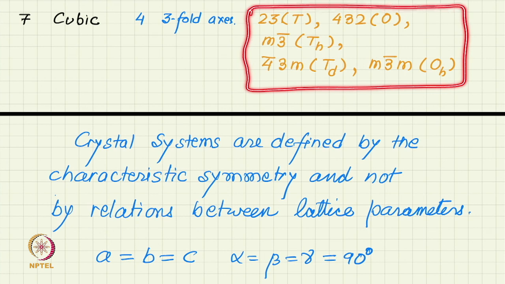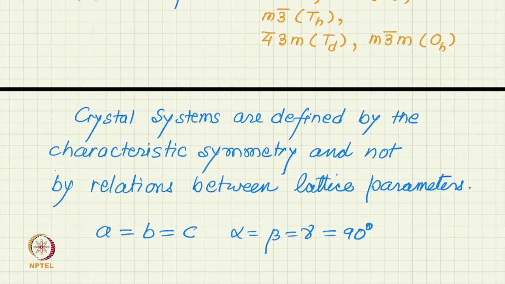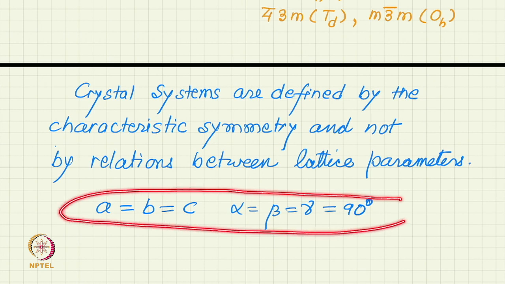If the crystal has these 5 point groups, it can be considered as cubic. But once it is considered as cubic, one can select, out of many possible unit cells, a unit cell in which this relationship will be satisfied. So, that is what is considered as the conventional unit cell.